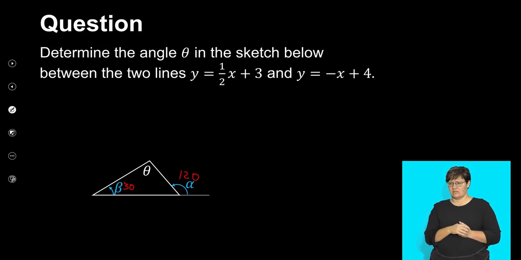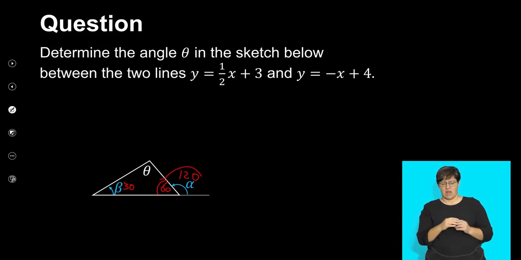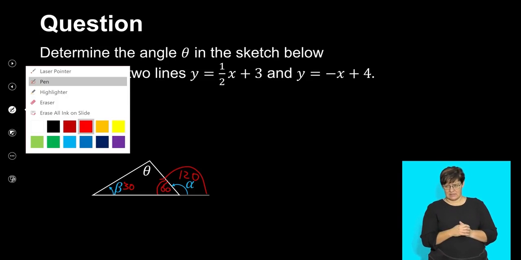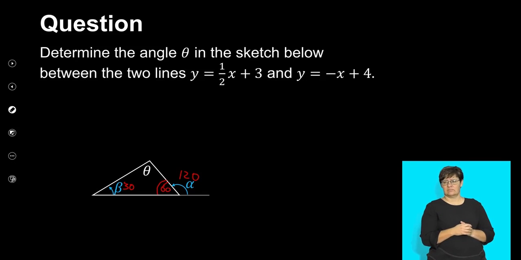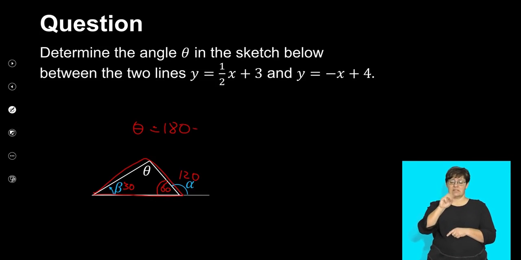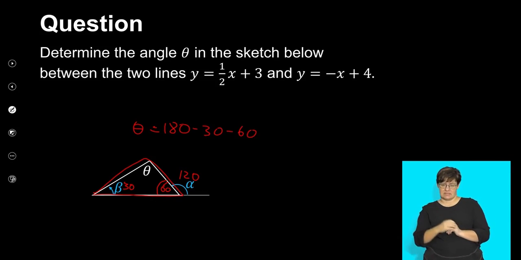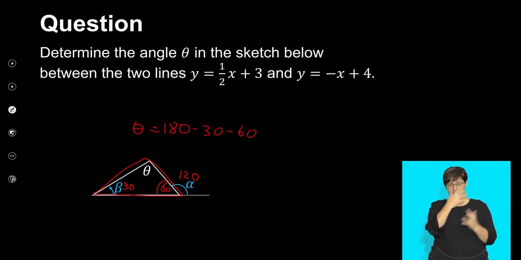I can work out that this angle is 60 using angles on a straight line, all right? And because I know that all the angles in a triangle add up to 180, I can say theta is equal to 180 minus 30 minus 60. And I can work out what theta is.